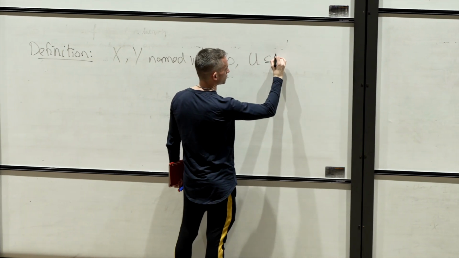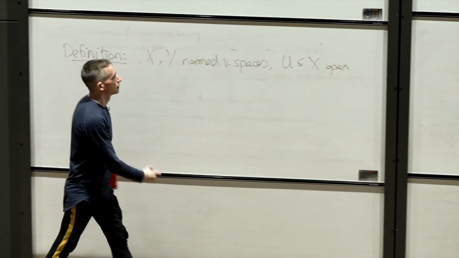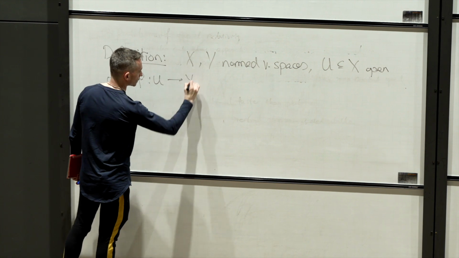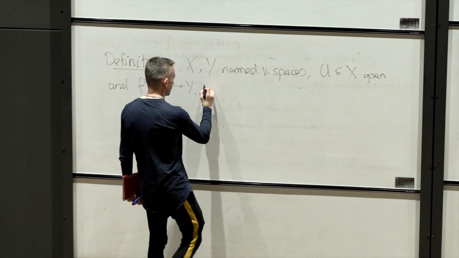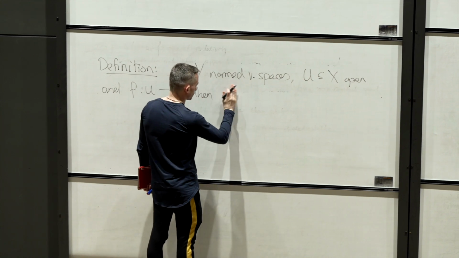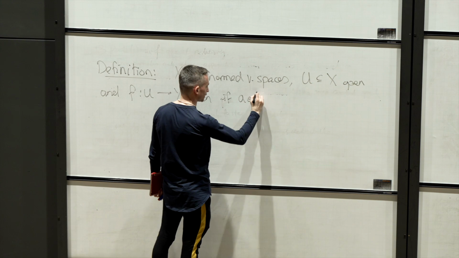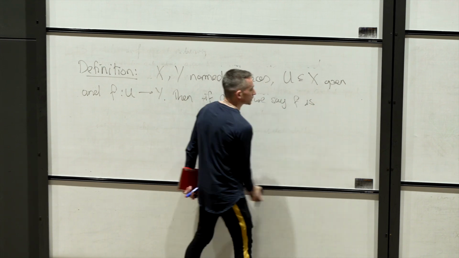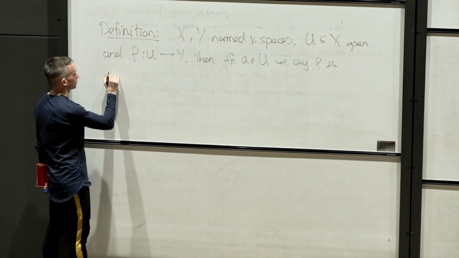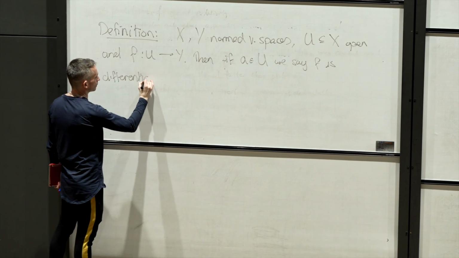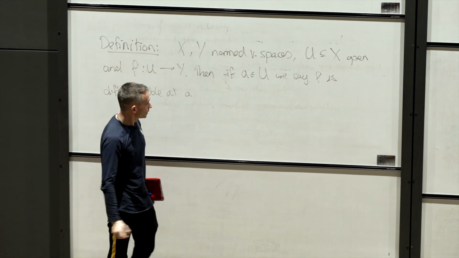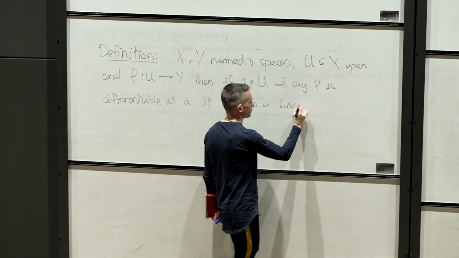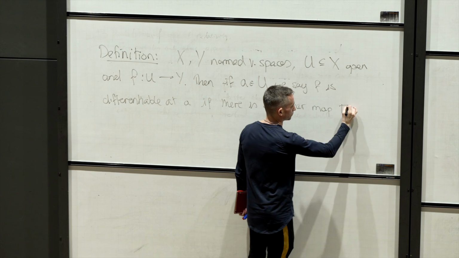And then U is an open set in X, and f will be a function defined on that open set, taking values in Y. Then if A is a point in U, we say the function is differentiable at A if there is a linear map, let's call it T for the moment.